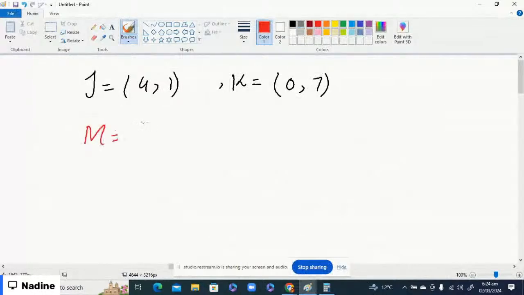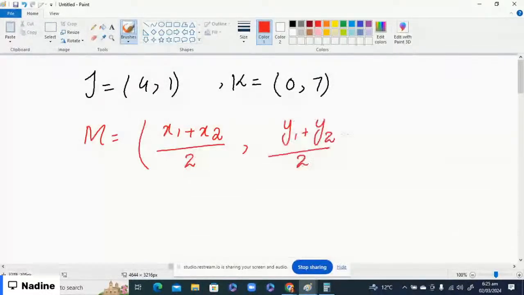So what is midpoint? X1 plus X2 by 2, Y1 plus Y2 by 2.